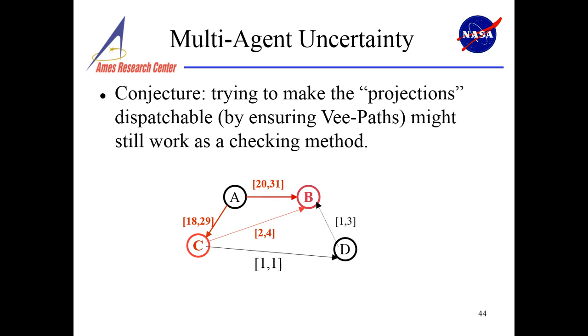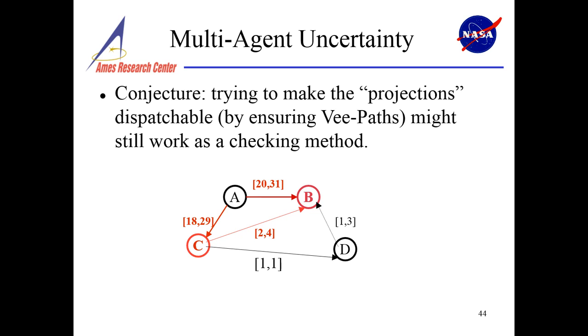Yeah. So in terms of the possible schedules for the agent, you would want to look at the extreme schedules. So it depends on whether each constraint is tight or not.